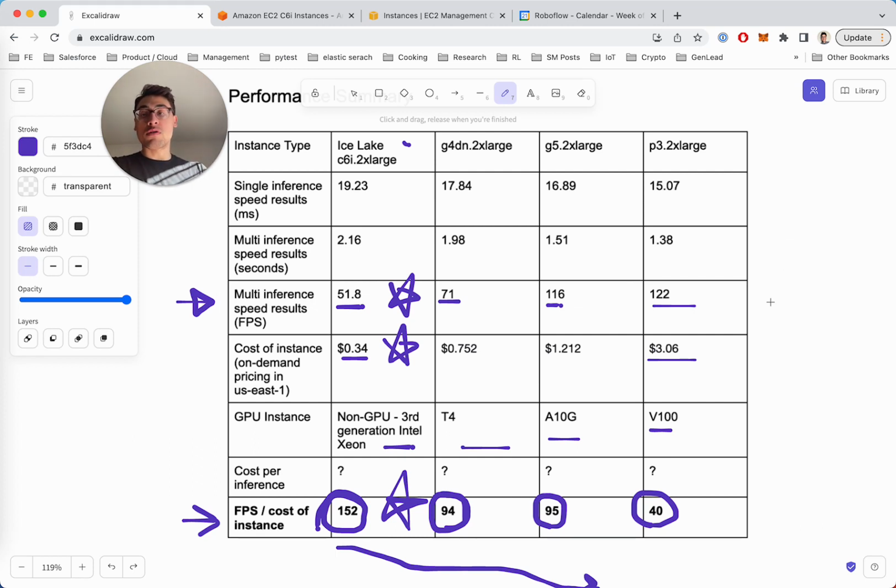As you run into more niche sectors in which you have to handle highly complex video streams, multi-parallel video streams going on, you might potentially need more FPS. But in a general purpose setting, we're confident with saying that the Ice Lake chip does offer a better experience in terms of ease of use, price, and scalability in the long-term run of things.